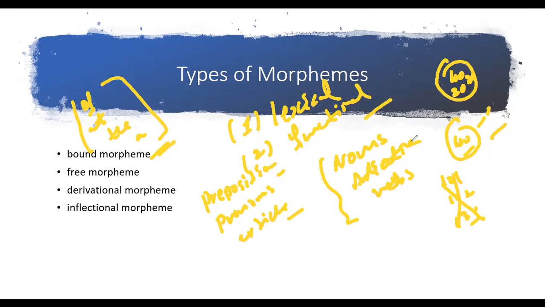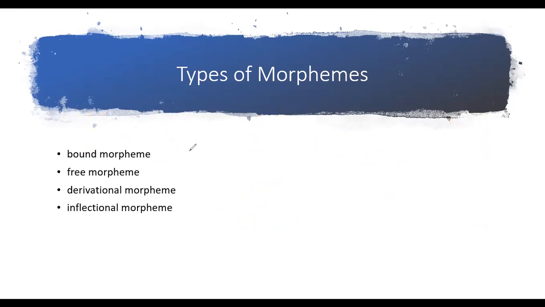Now let's go ahead and talk about derivational morphemes. Let me clear all of this first. Now, you already know what bound morphemes are, and I gave you examples of these morphs, like ness, full, and there is one more, less.